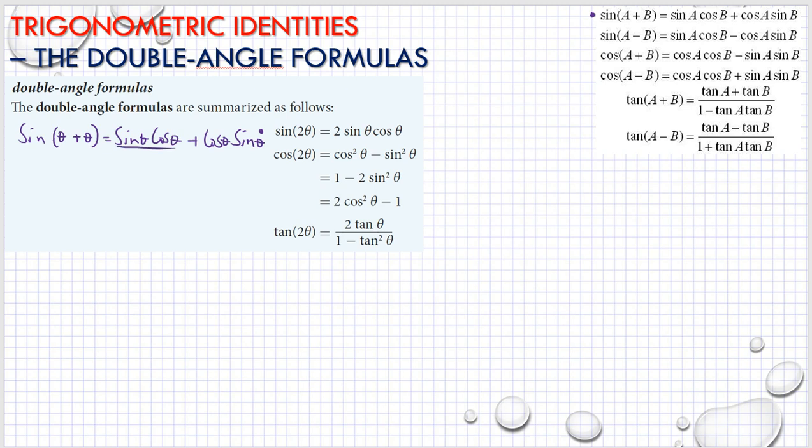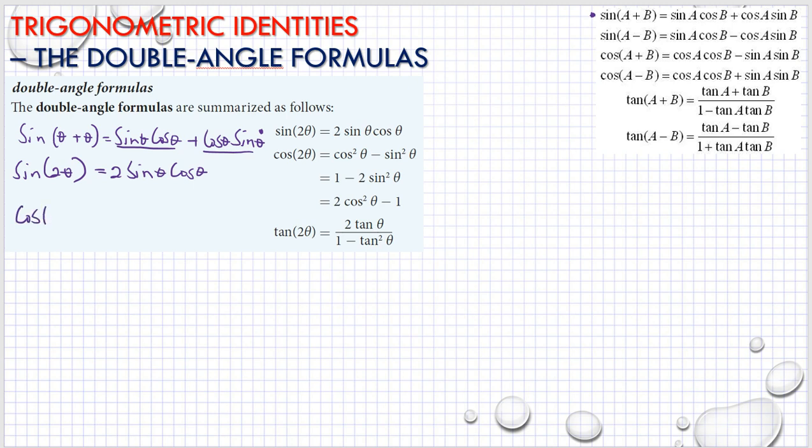These terms are equal, so then we have 2 sine theta cosine theta. Then we have proven that sine 2 theta is equal to 2 sine theta cosine theta. Okay? The cosine is similar.